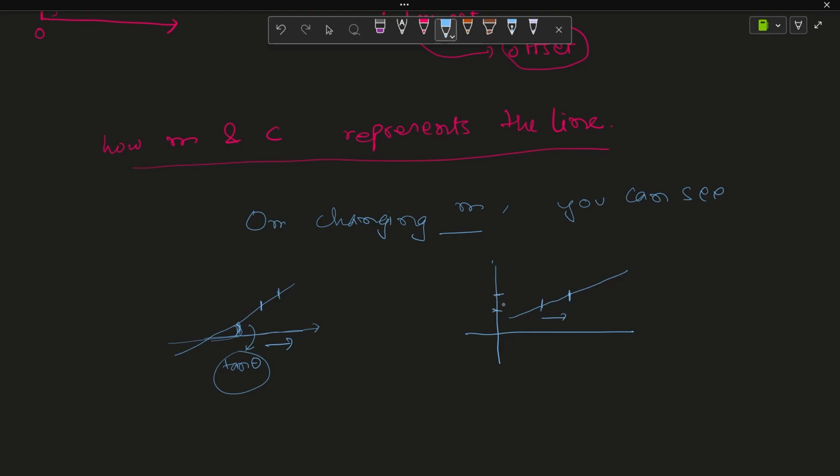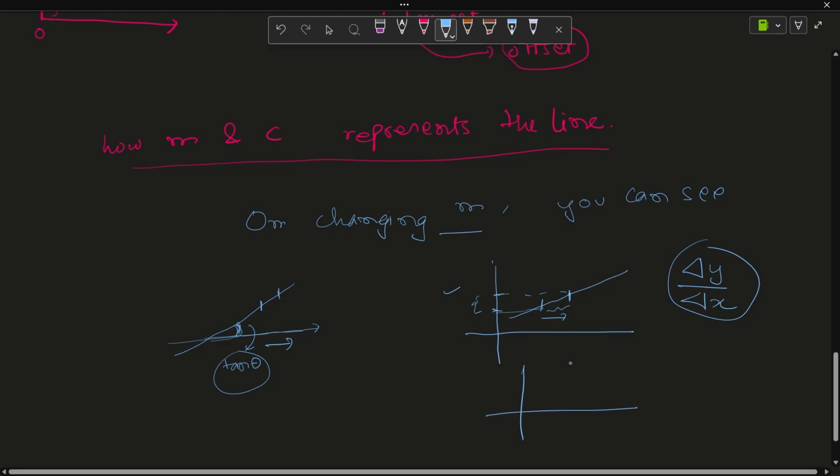What is the increase? This is del y by del x, all right. This is slope, and if you increase it, the line will be like this.